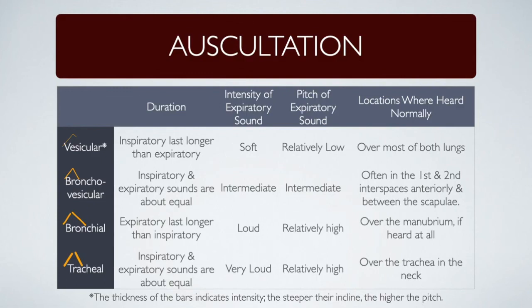Now, the lung tissue, the parenchyma, are mainly vesicular and bronchovesicular. So they are more described by their timing, the inspiratory lasting longer than expiratory for vesicular, and they're relatively quiet. You can probably listen to these sounds on yourself, using a stethoscope to listen to your own chest.